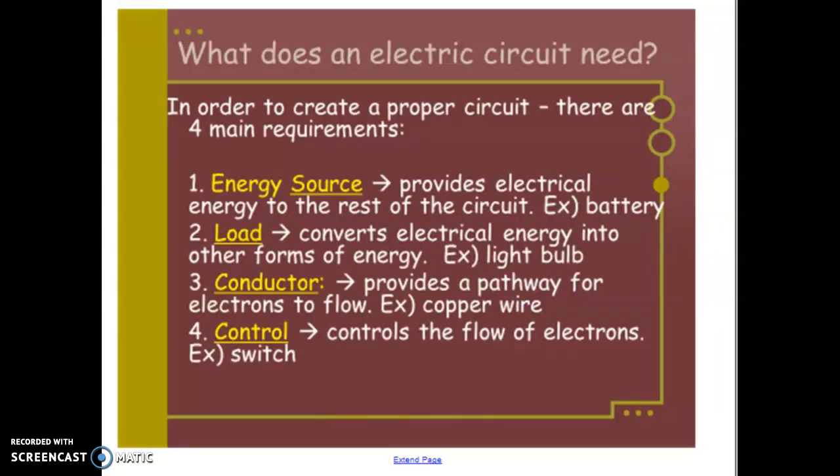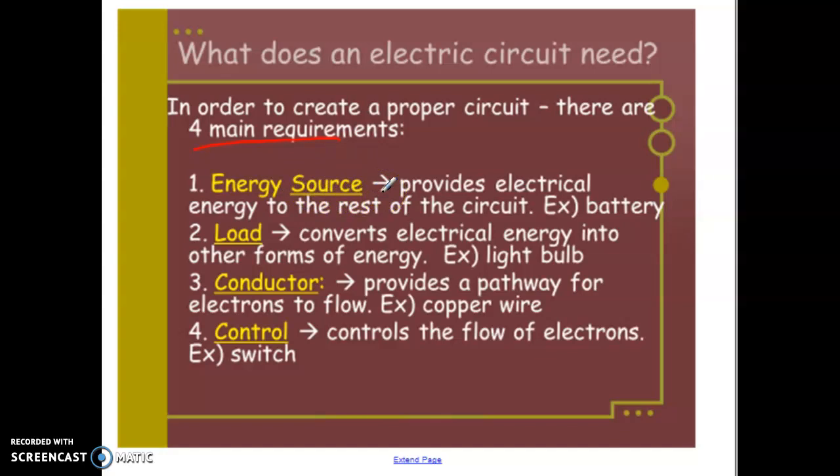Okay, so there are four main components for circuits. I should say requirements. Some of these you may not need, but some you can't really have a circuit without. First of all, you need to have an energy source. This is where the electrons are being produced.